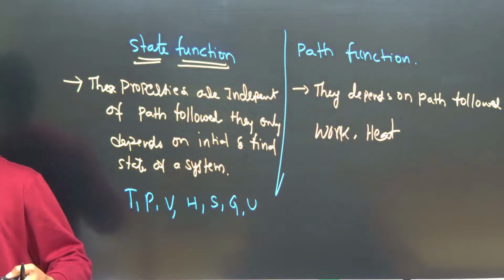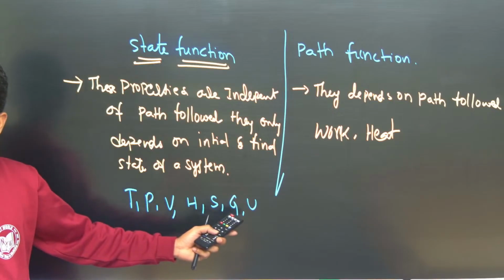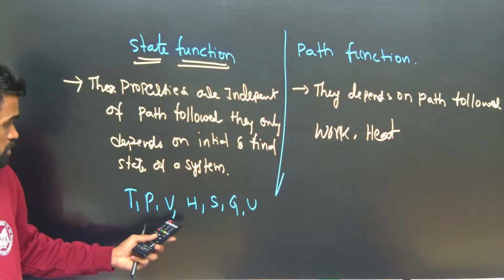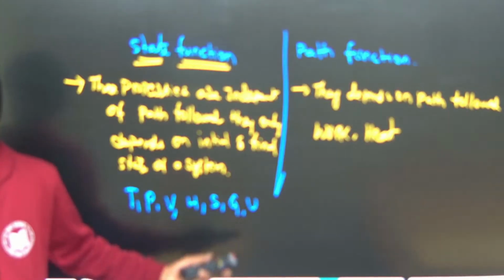State functions. Okay, write these examples. So these are the symbols we are using to express the different thermodynamic properties. We will discuss one by one later. As of now you write this.